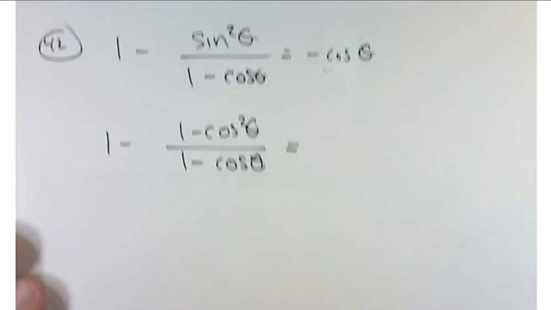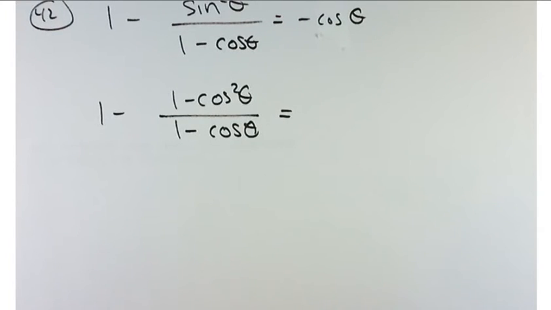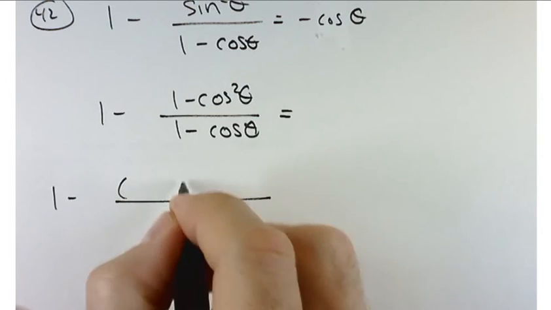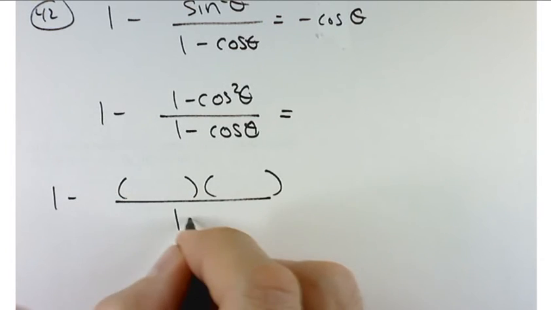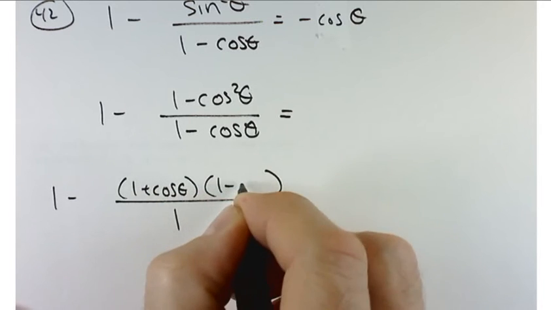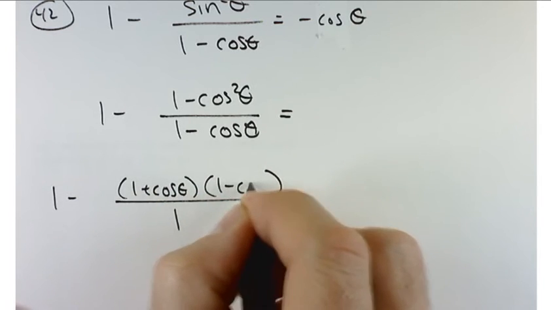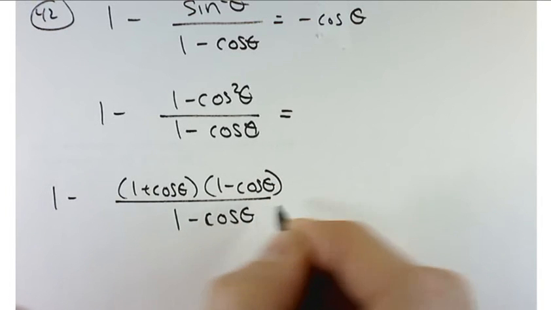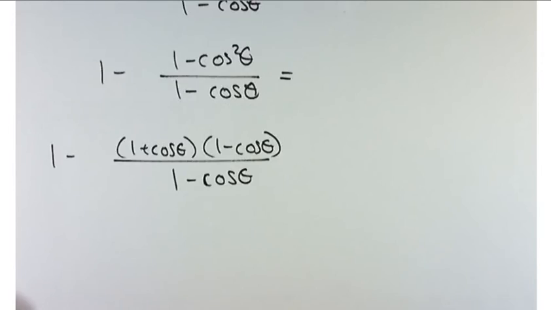Now I'm still only going to work with the left-hand side. The numerator factors: 1 plus cosine of theta times 1 minus cosine of theta. And that's looking pretty promising.